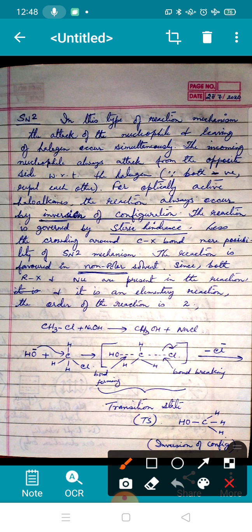During the course of the reaction, a transition state is formed. Usually transition states do not have a long life, they have a very short life period, and we represent them by a square bracket. So in this transition state, what is happening?